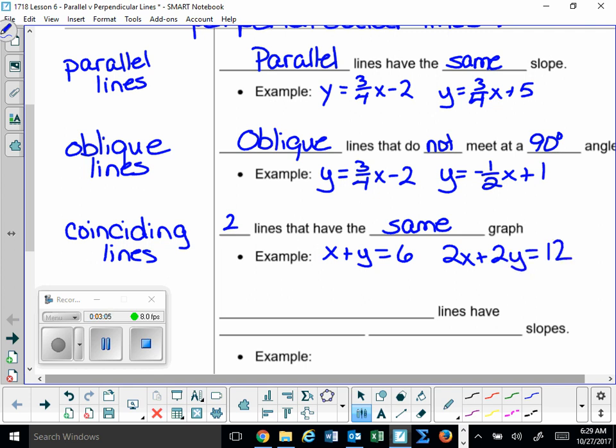If I write these in slope-intercept form, y equals -x plus 6, y equals -x plus 6, I have the exact same graph, right? But I have named the line differently. In the case of the second standard form equation, I multiply by 2.